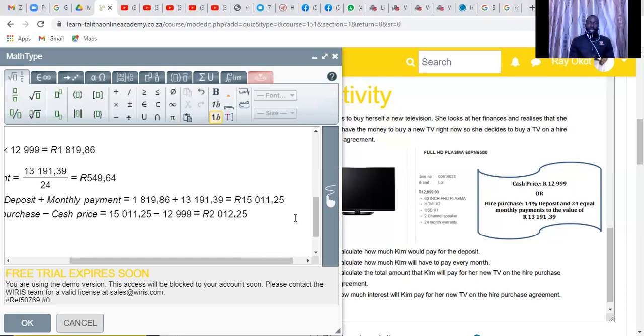The first deposit you make when you're buying something on installment payments is called deposit. Monthly payment is the amount of money that you pay every month to buy something or as an investment.